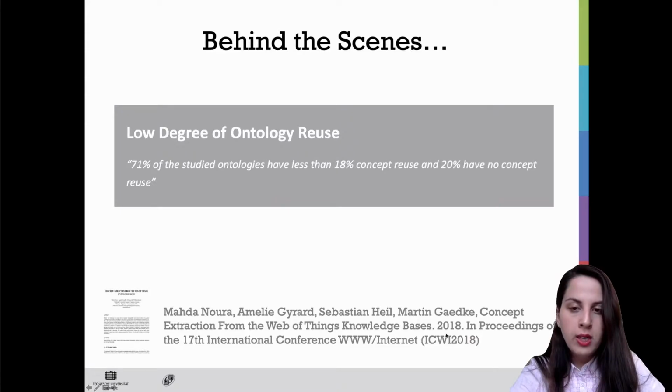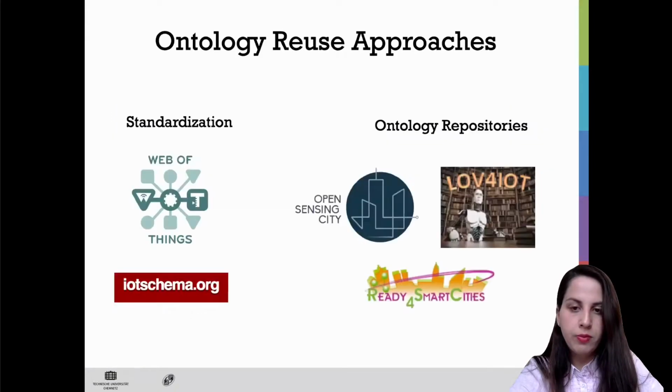We also did an analysis identifying the most important concepts defined within IoT ontologies, and we found that many of the existing ontologies found in standardization and different projects have many redundant concepts and properties redesigned, which shows the low degree of reuse among them.